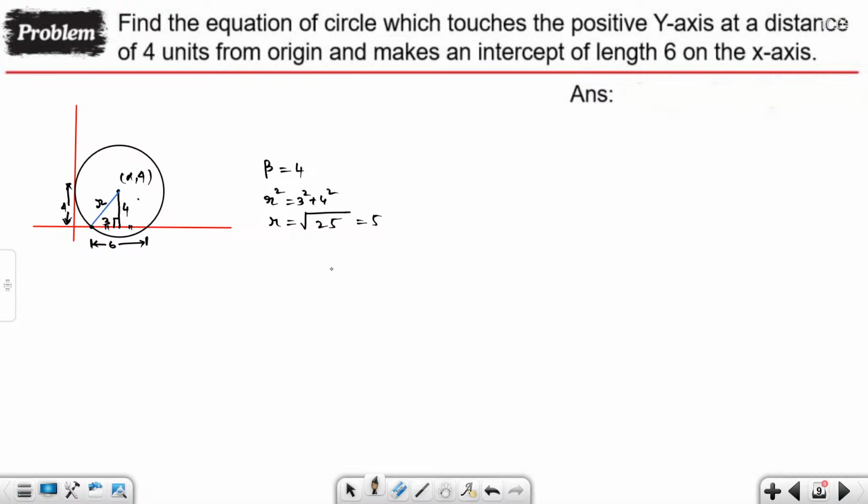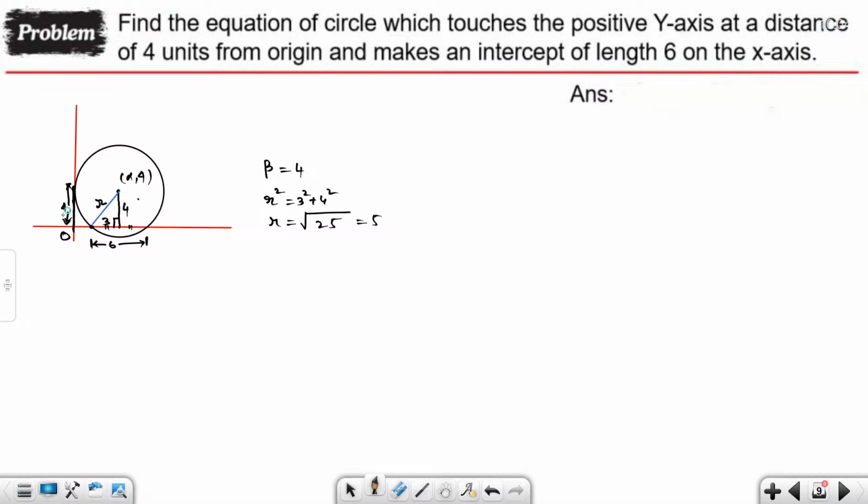See, the question is: find the equation of the circle which touches the positive y-axis at a distance of 4 units from the origin. The circle is touching the y-axis at a distance of 4 units from the origin, so this length is 4.